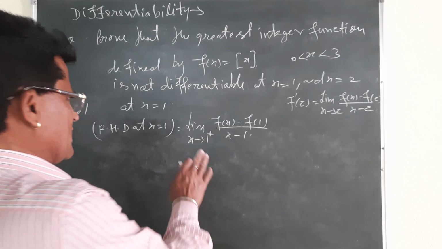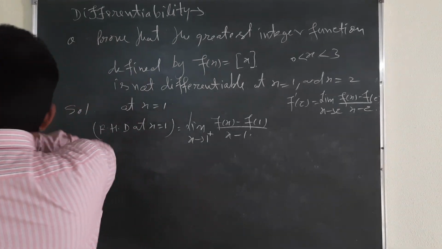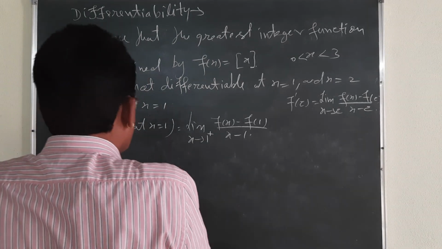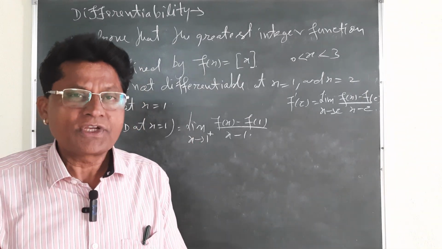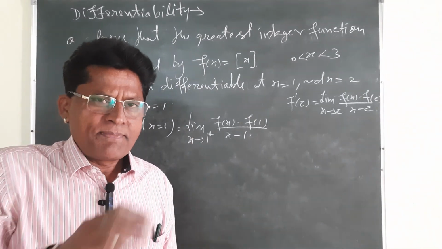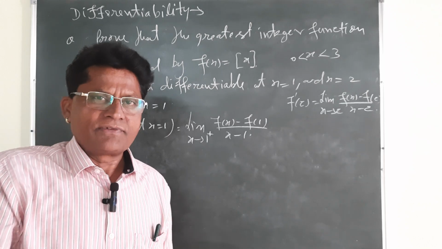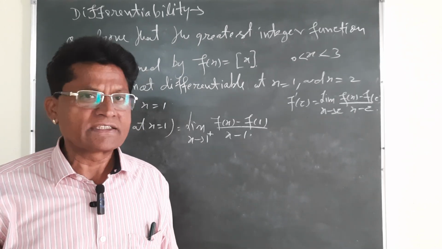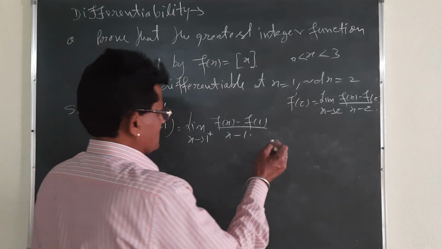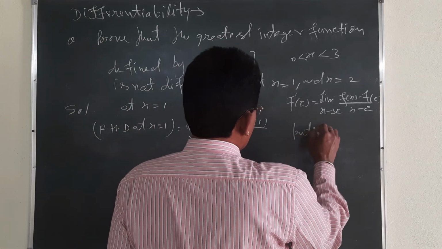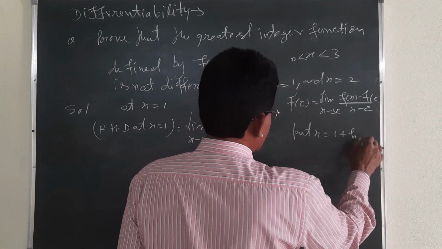Okay, similar kind of thing. Put in place of x, because I told you x tends to 1, it is not equal to 1. Either it may be greater than 1 or it may be less than 1. That is the meaning of this limit. You have studied properly in the previous classes. Put x is equal to 1 plus h.